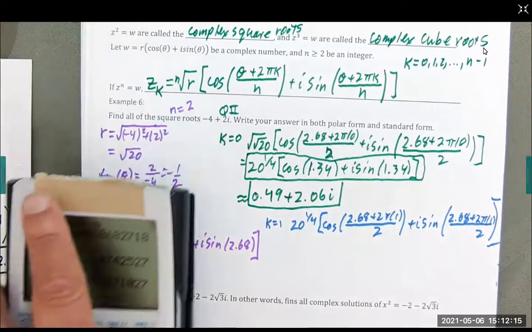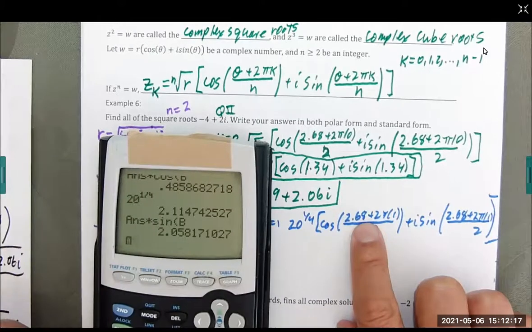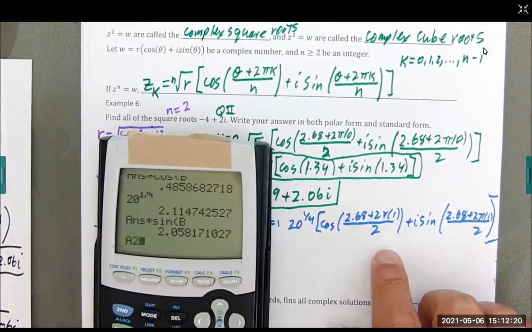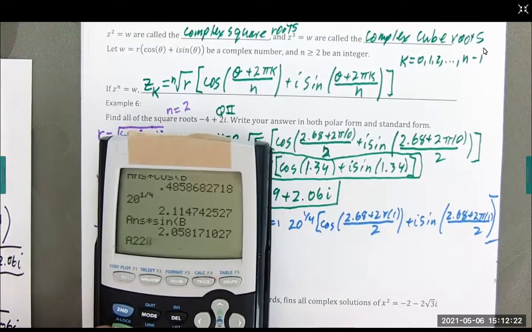So I'm going to take A plus 2 pi plus 2 pi equals, divided by 2.